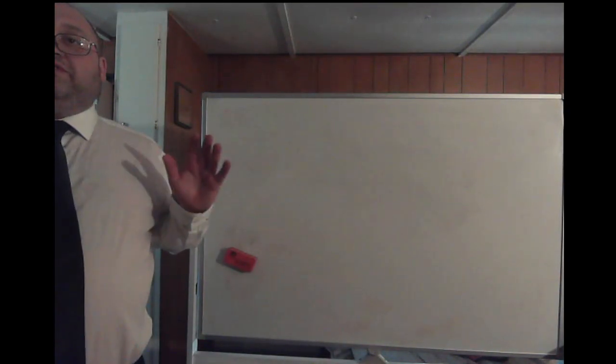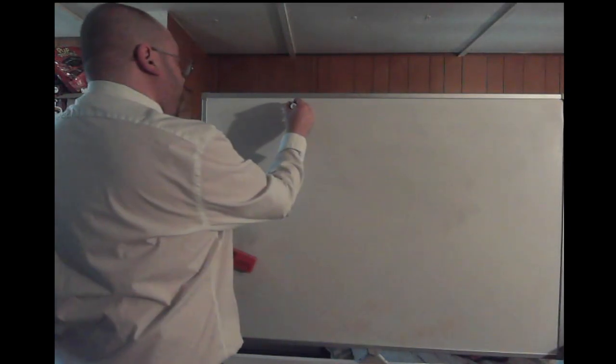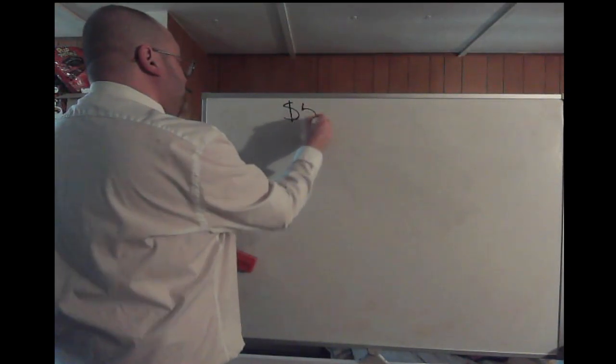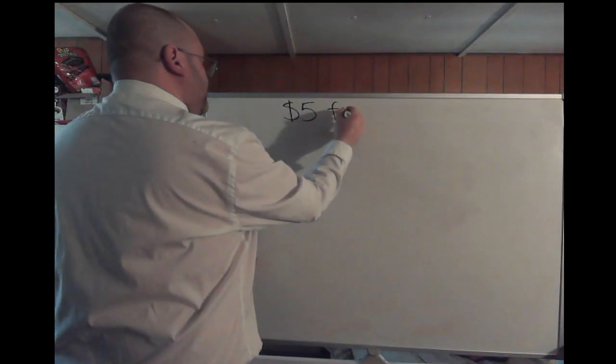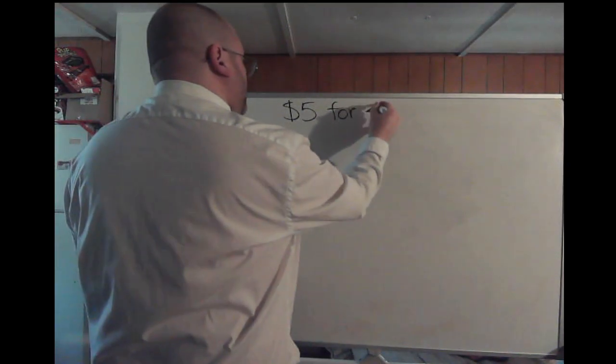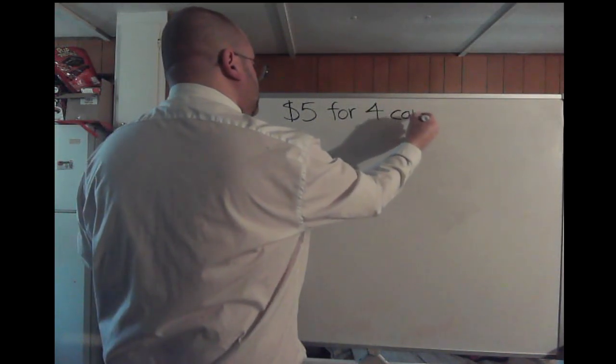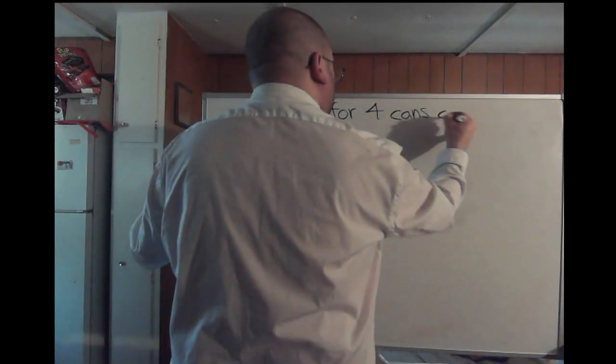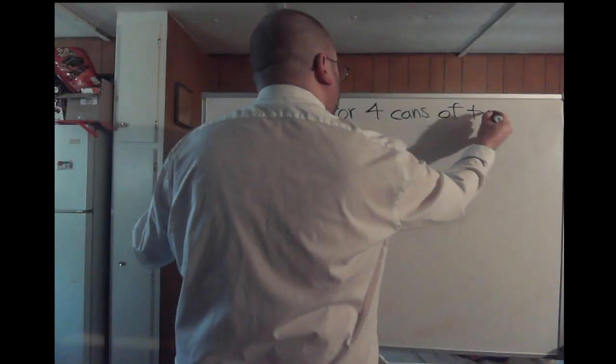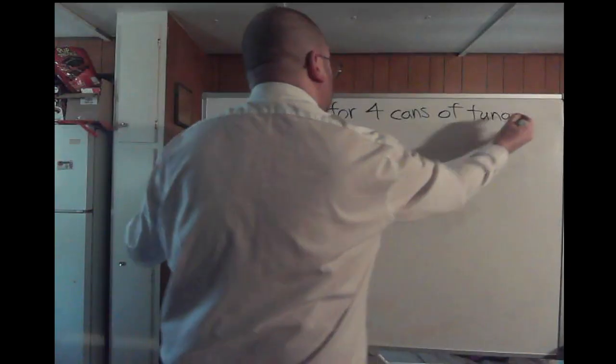Now, we're going to dive into another type of ratio called a unit rate. And the greatest example of unit rate is when you want to find the price per 1 unit of something. So, let's say, for example, it's $5 for 4 cans of tuna. $5 for 4 cans of tuna, right?